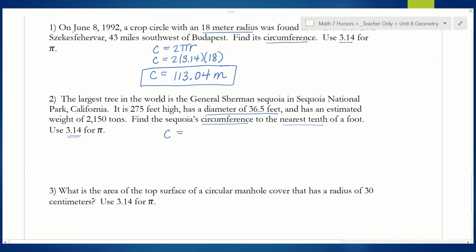Okay, so I'm going to do pi d for this one since I was given the diameter. I'm putting 3.14 in for pi, 36.5 in for the diameter, and I'm going to get 114.61, and this is feet. Wow, that's a big tree.